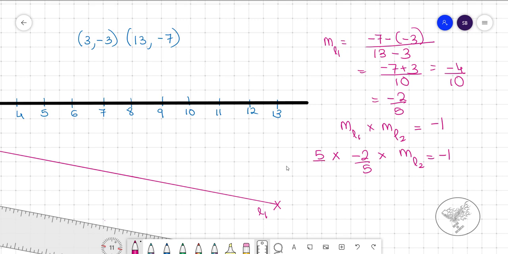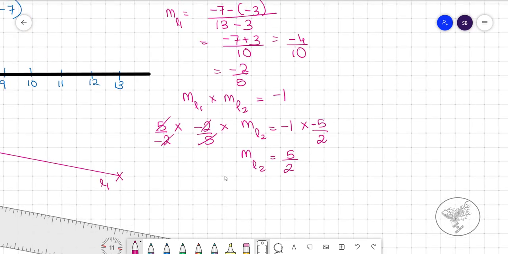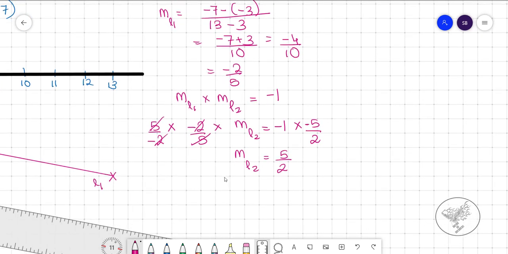So let me multiply both sides by 5 over minus 2, so you're left with gradient of L2 being equal to minus into minus is plus 5 over 2. So this is the gradient of the line L2.